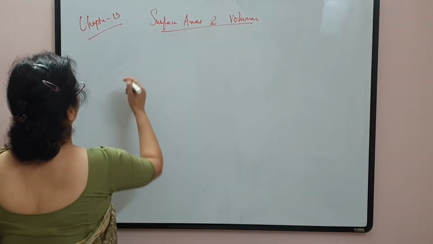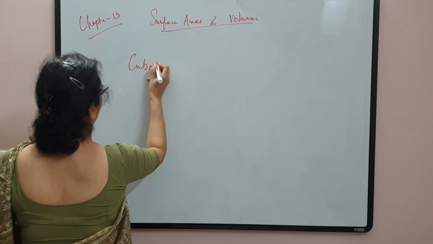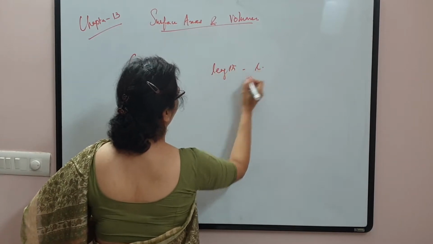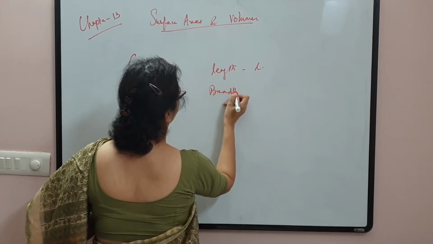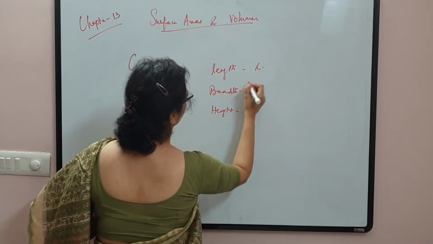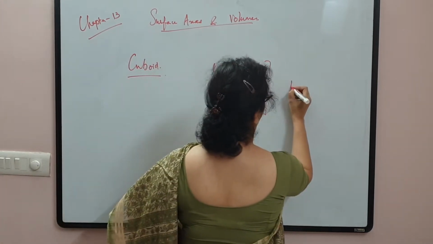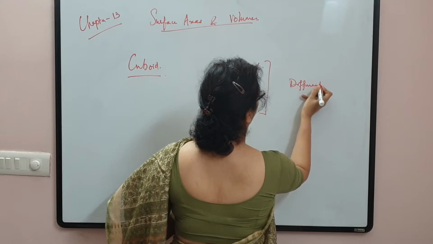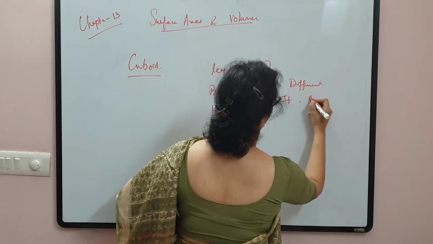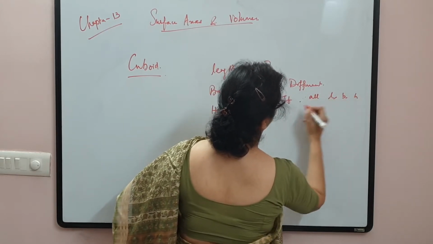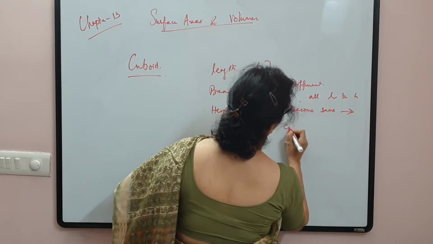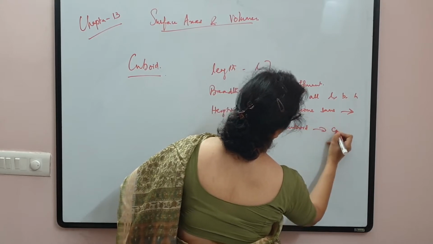So, children, this is a cuboid that we are studying right now, where the length denoted by L, breadth denoted by B and height denoted by H are different. If all L, B and H become the same, then the cuboid becomes a cube.